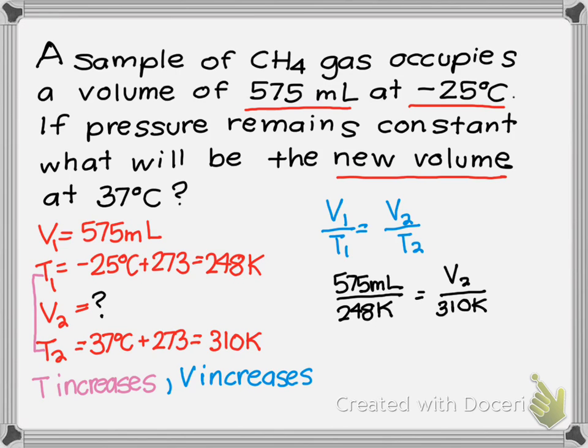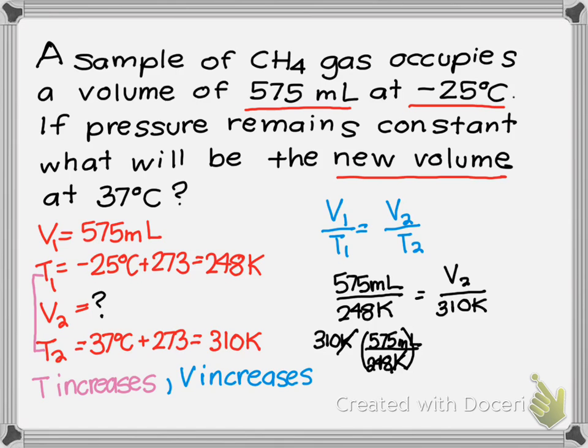You might want to pause it here and do the math yourself, because you don't have to follow how I do my math. You could pause it now and then turn it back on. I want to move the 310 to the other side, so I'm going to multiply by it. So I'll have 310 Kelvin, and then the 575 milliliters and the 248 Kelvin, which I already had there.